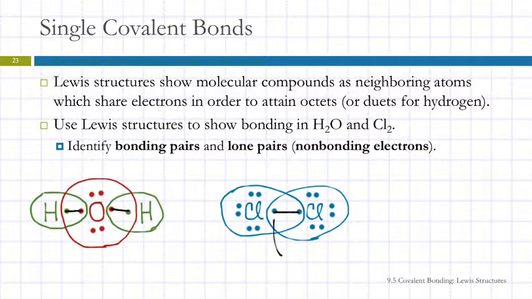So both of these electrons, those form a bonding pair. So how many bonding pairs are in this water molecule? One. Well, there's one. Oh, and that one gets, two. Yeah. So water has two bonding pairs.